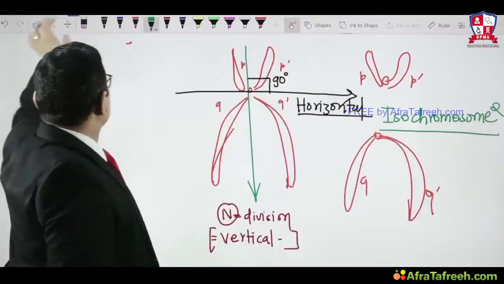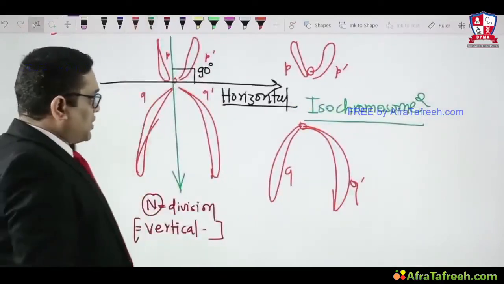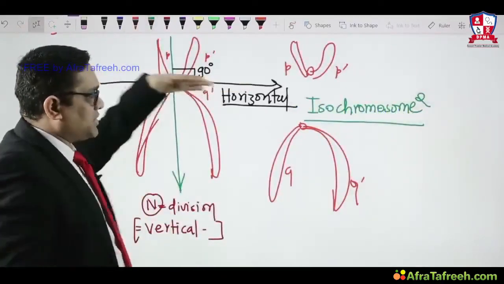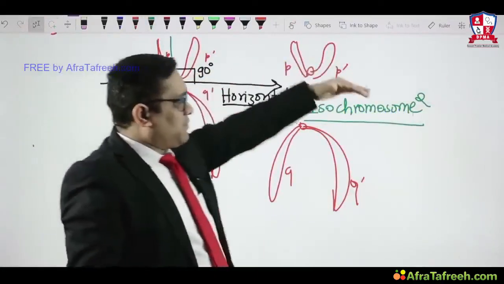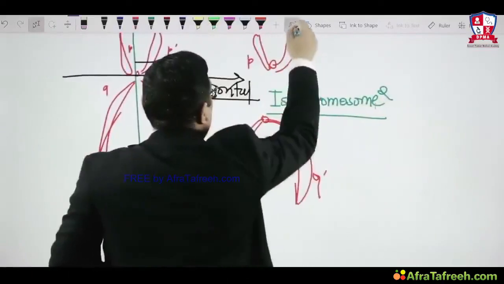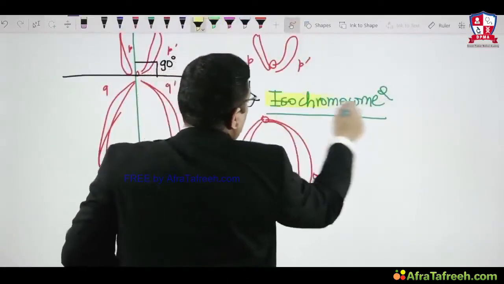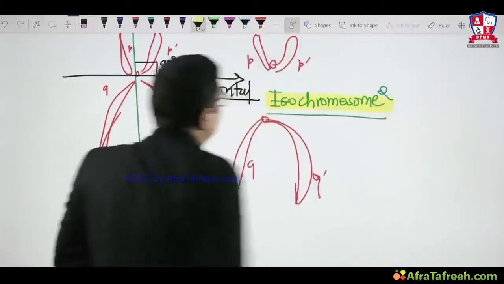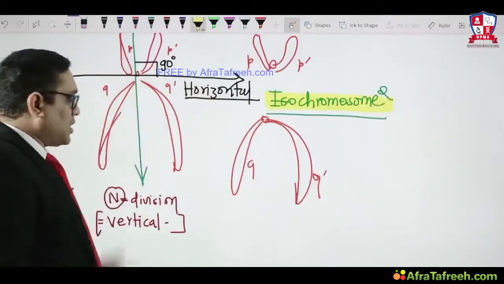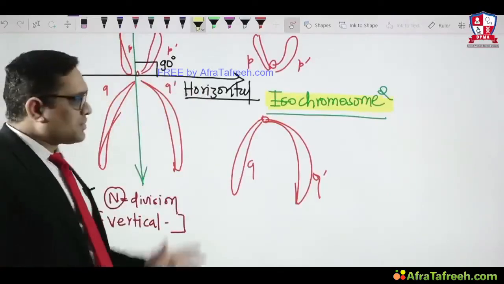So when a chromosome is dividing perpendicular to the normal axis, or horizontally, it will form isochromosomes.